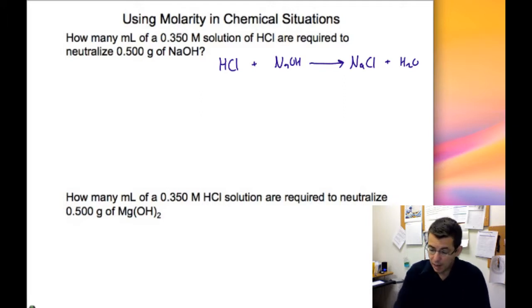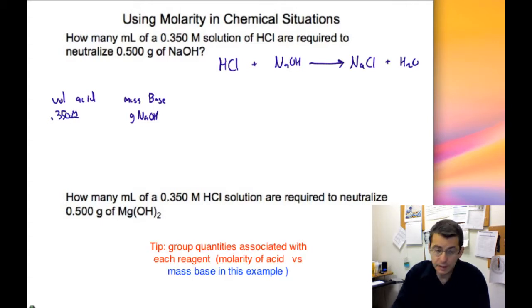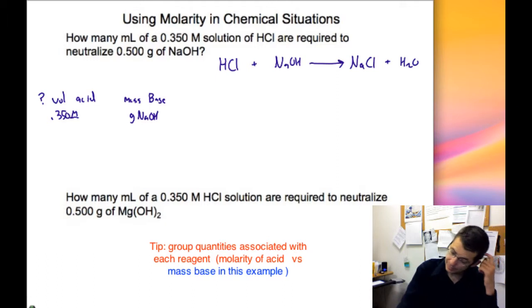So we look at the problem: we have a volume of acid, a mass of our base, in this case grams of NaOH, and a 0.350 molar concentration.